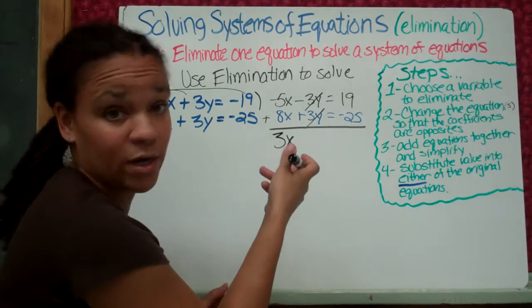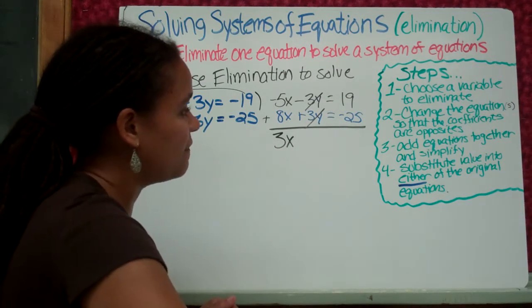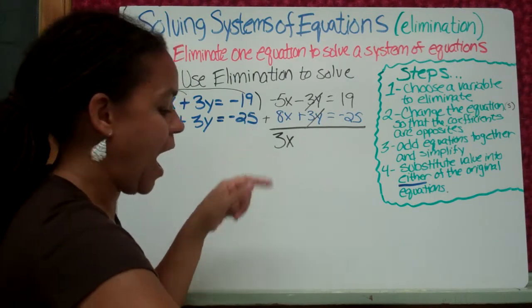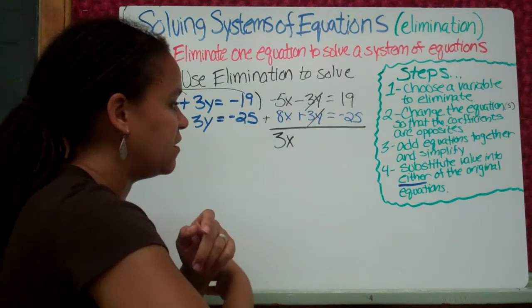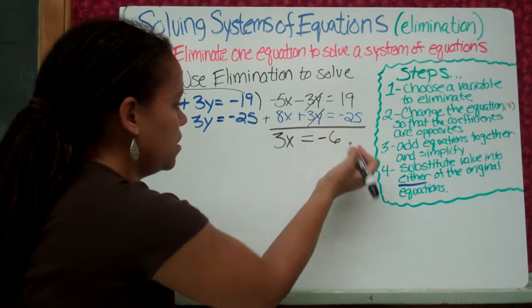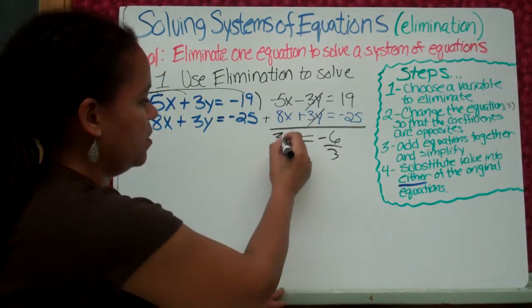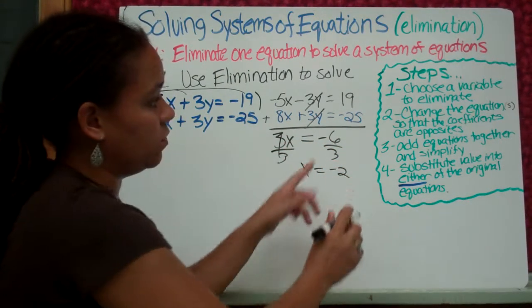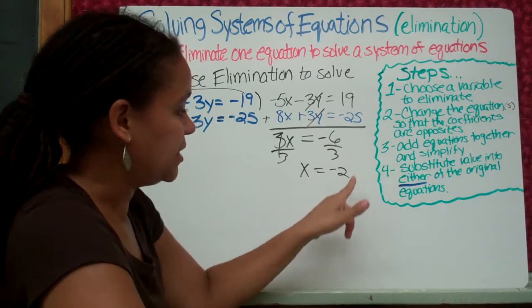The y terms cancel out. That's great because that was the whole purpose of elimination. And 19 plus -25 is -6. So 3x is equal to -6, divide by 3, divide by 3, so x is equal to -2. So I've changed the equation, I added the equations together, and I simplified.